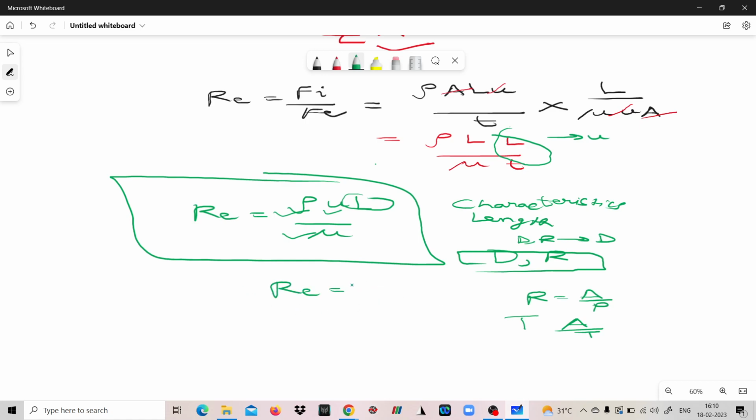So, Reynolds number is the ratio of inertial force by viscous force, which basically amounts to rho u L by mu.